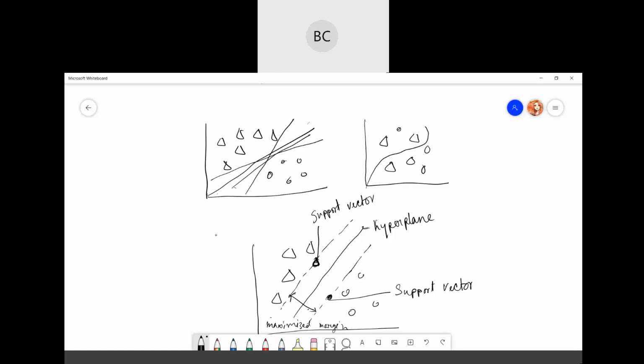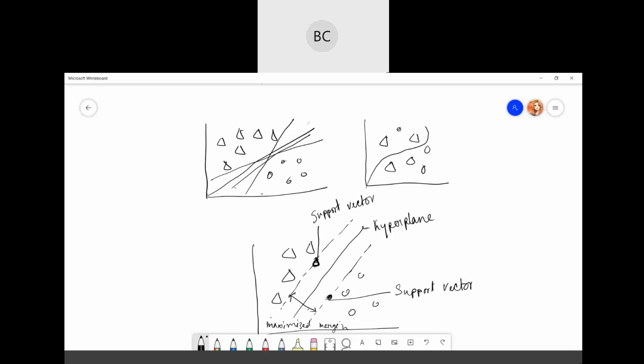This is easy to understand when your data is linearly separable, or you can say it's a linear SVM. But as I said, there can be nonlinear data, maybe scattered everywhere.